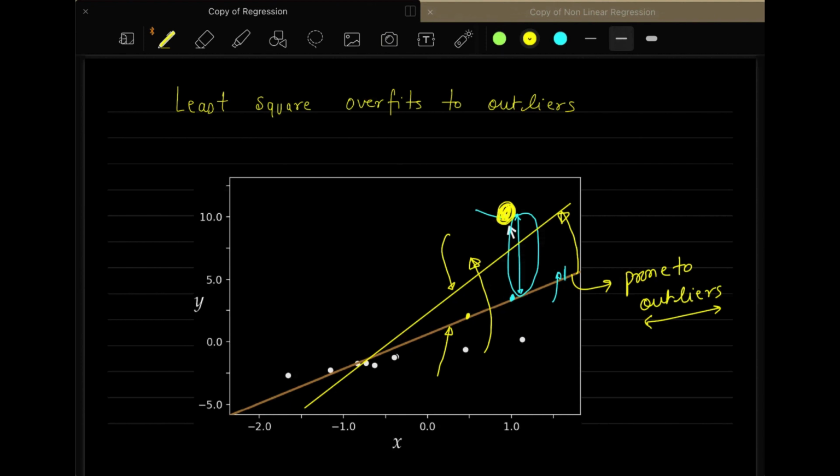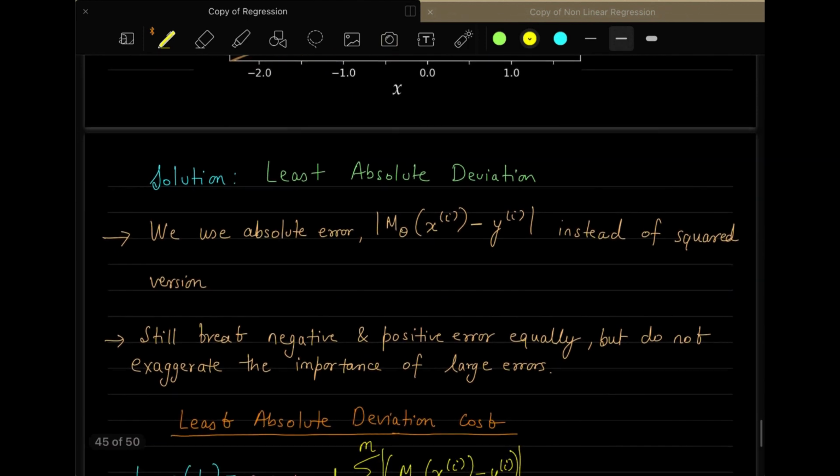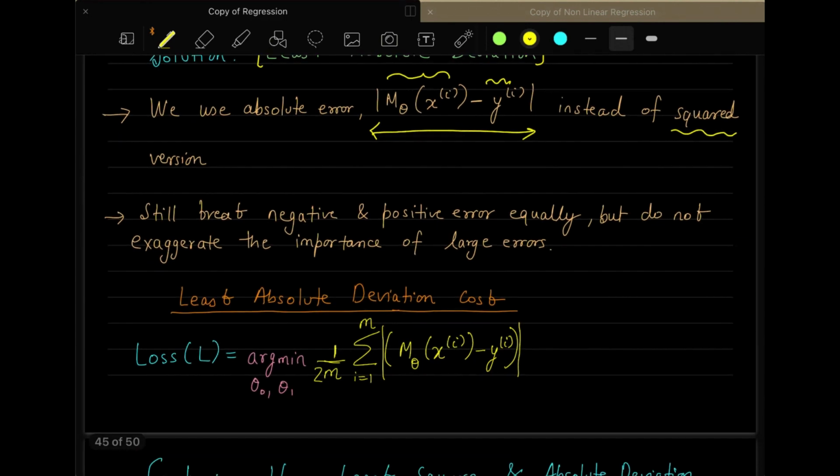So how to avoid this situation is by changing the cost function. If you take only the absolute error between the one which you are predicting and the actual one, that is, the absolute value of this difference instead of the squared version, then some sort of mitigation is possible. Here we are treating negative as well as positive errors equally, but we do not exaggerate the importance of large errors.